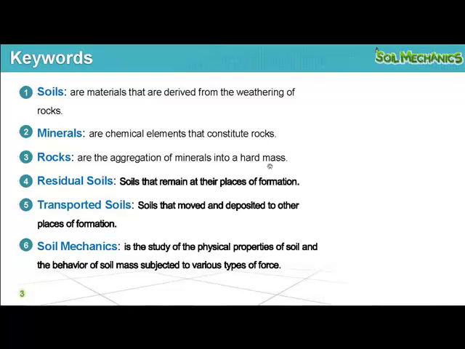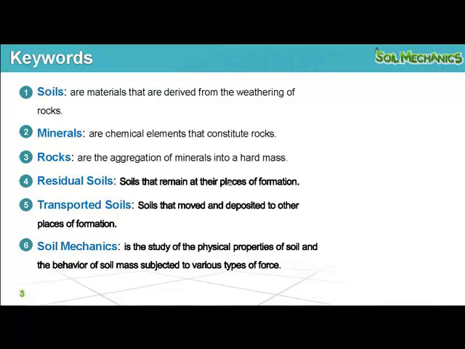When minerals bind together to be a hard mass, we call it rock. Due to high temperature, high pressure, and very deep below the ground surface, it takes a long time to become rock.